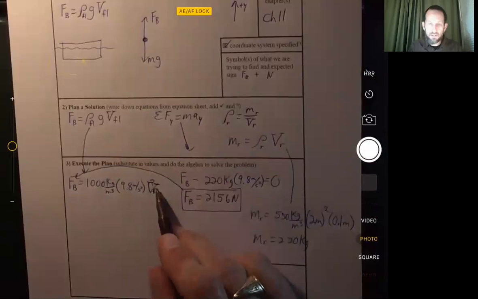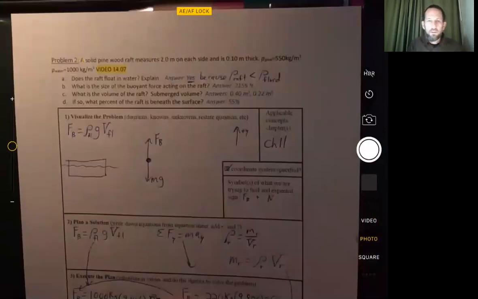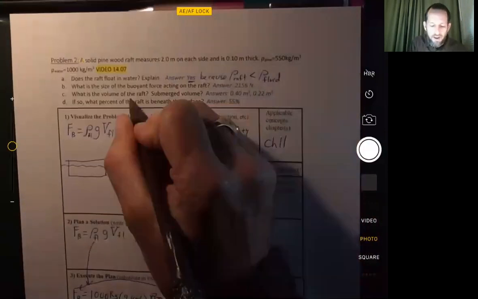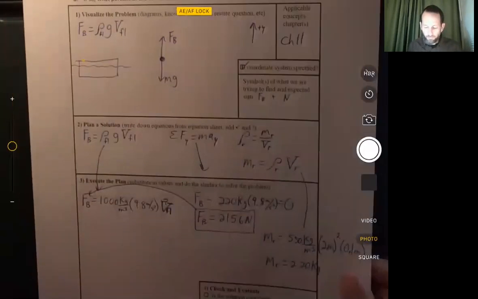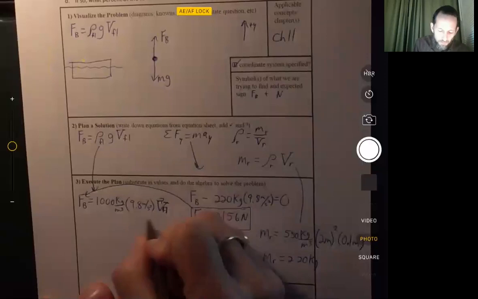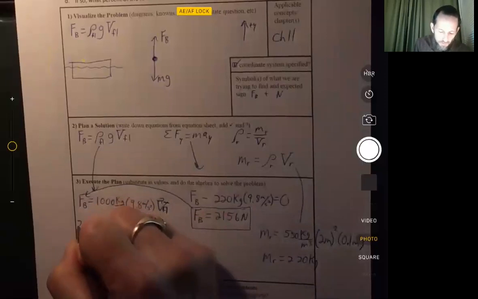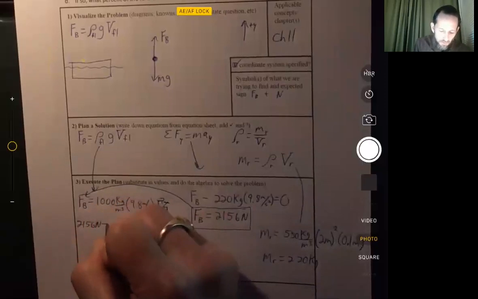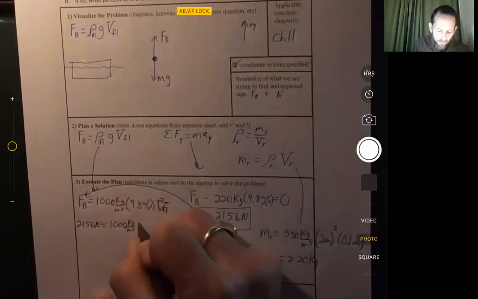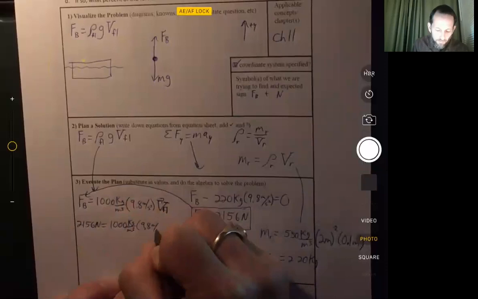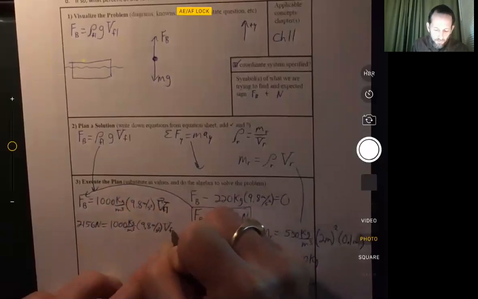This will give us the submerged volume. So the volume of fluid displaced: 2,156 newtons equals 1,000 times 9.8 times the volume.